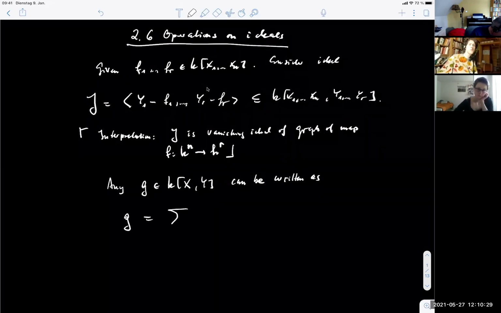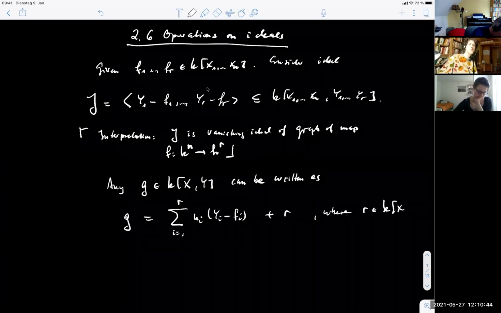It's a linear combination of the yi minus fi, plus some remainder r. And this remainder is a polynomial only depending on the x variables. And it's unique.